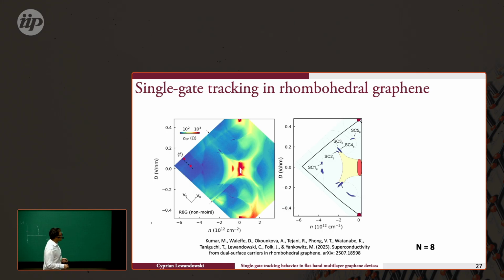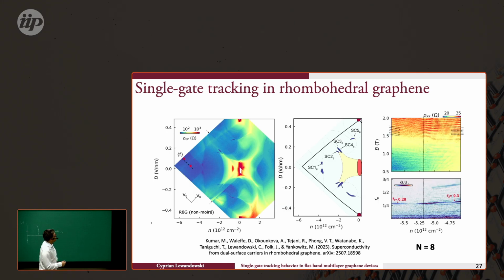And across one of such boundaries, if I fix a particular backgate voltage and I vary VT, what I find is that across the zone boundary, my Landau levels, which were previously controlled by the top gate, once you cross through the boundary, become independent of the top gate. Okay, they are parallel.